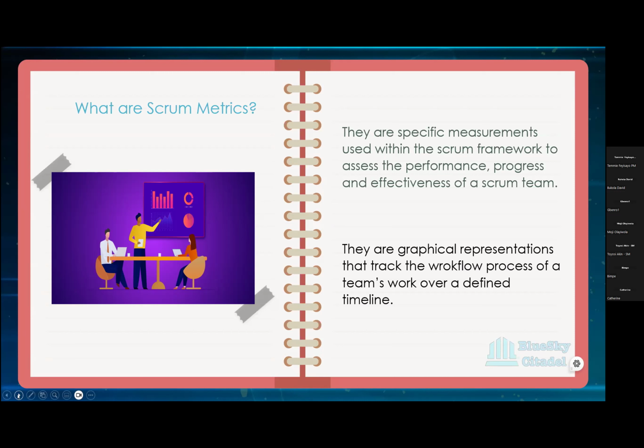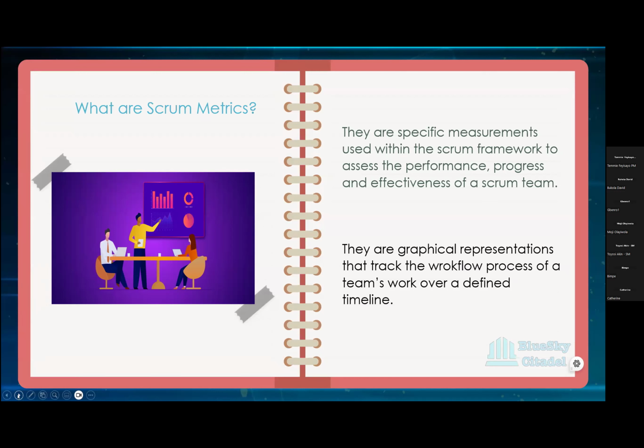Depending on what you configure it to give you, it's what it will give you. And they are real-time measurements.